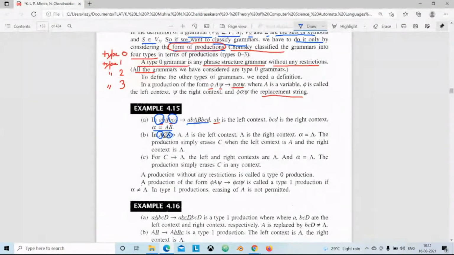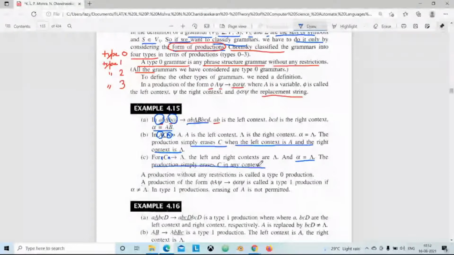The production simply erases C when the left context is a and the right context is empty, so only the left context survives. In C → empty, the left context is empty, the right context is empty, and C is getting erased, so alpha is empty. It simply erases C in any context.